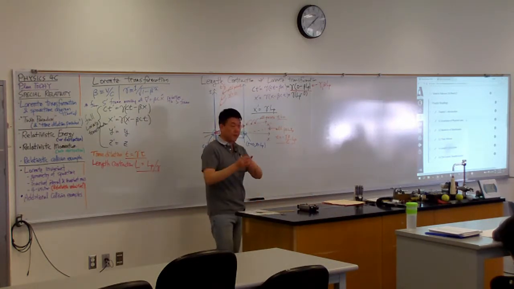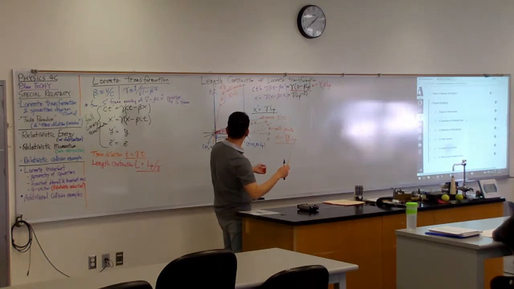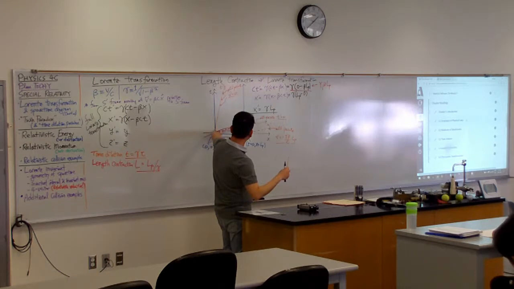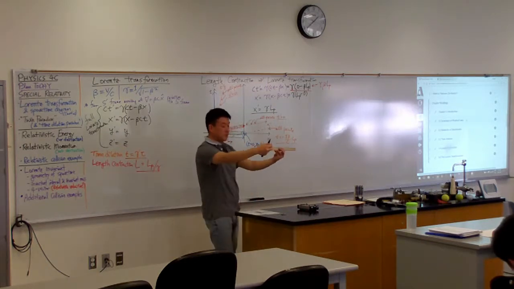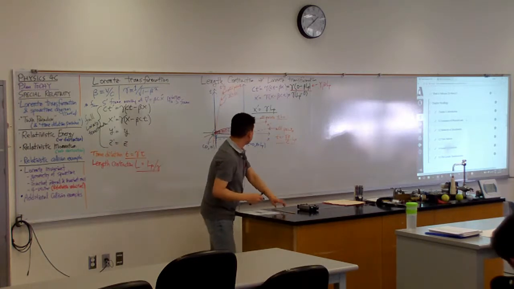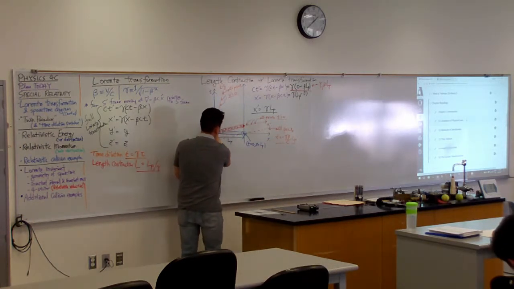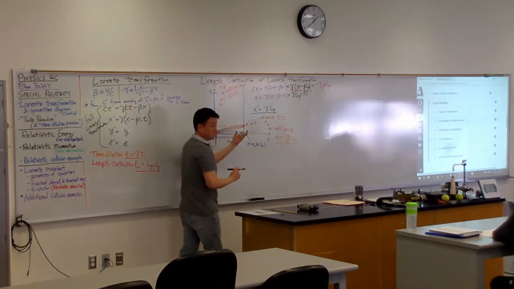As you're passing by, if you took a picture with a camera, the ruler would see those points of light as striking it in a sequence. The ruler would see this end being struck first, and then so on for the rest of them, because from the ruler's reference frame, this point happens earlier compared to this point later.